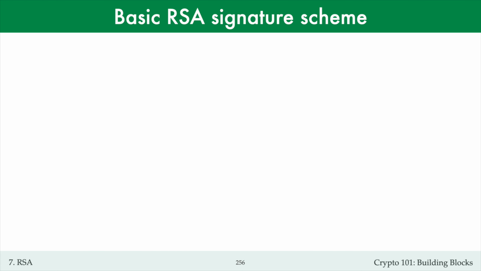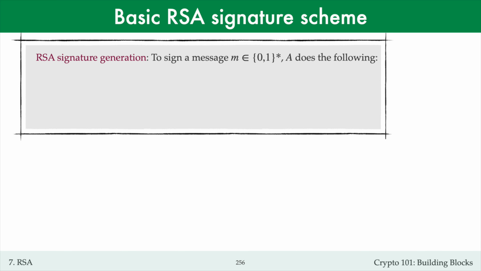I'll next describe the basic RSA signature scheme. Key generation is the same as for RSA encryption. So Alice has a public key (n, e), and her private key is d. To sign the message m, which can be of arbitrary bit length, Alice does the following.